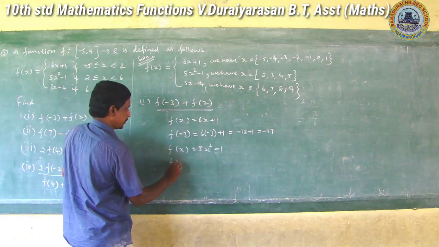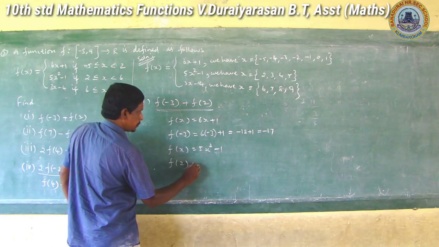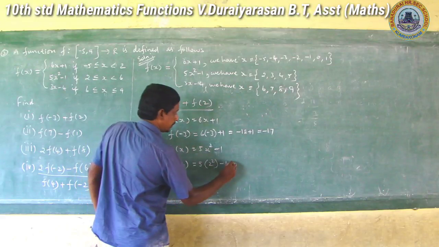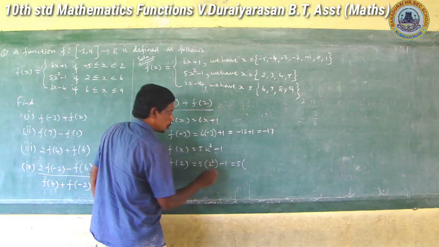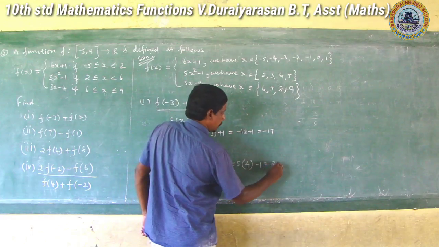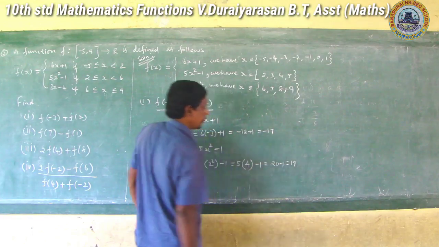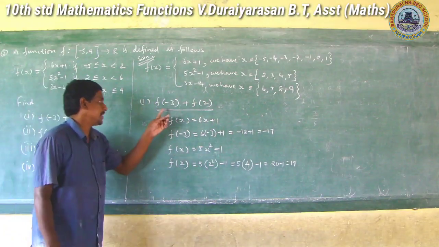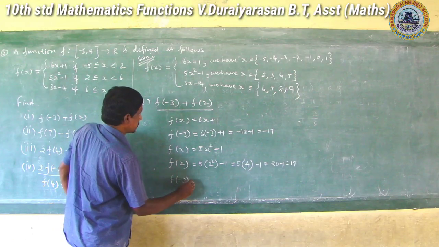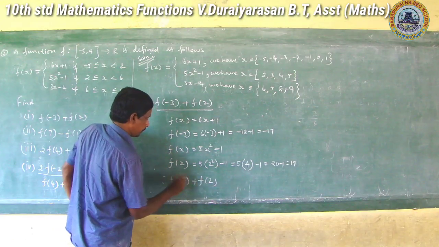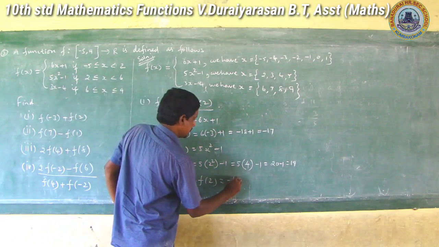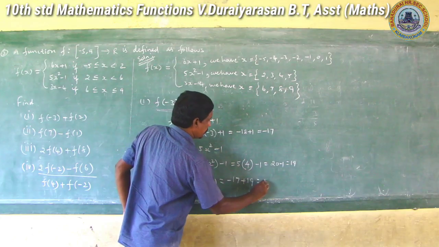Substitute x is equal to 2: 5 into 2 square minus 1. 2 square is 4, minus 1. 5 fours are 20, minus 1 is equal to 19. So what is the value of the first question, f of minus 3 plus f of 2? Therefore, f of minus 3 plus f of 2 is equal to minus 17 plus 19, which is equal to 2.